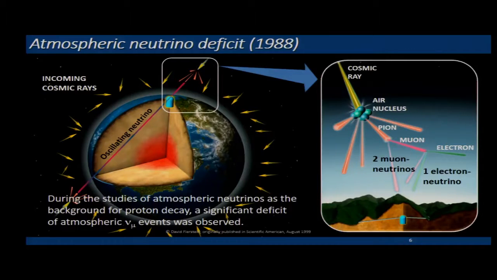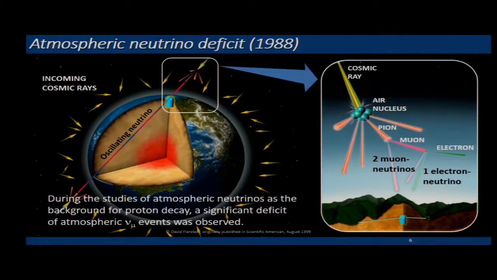And these cosmic ray particles interact with the air nuclei and produce pions. And then these pions decay to muons, then to electrons. And during this decay chain, neutrinos are produced, and they are observed in underground detectors.